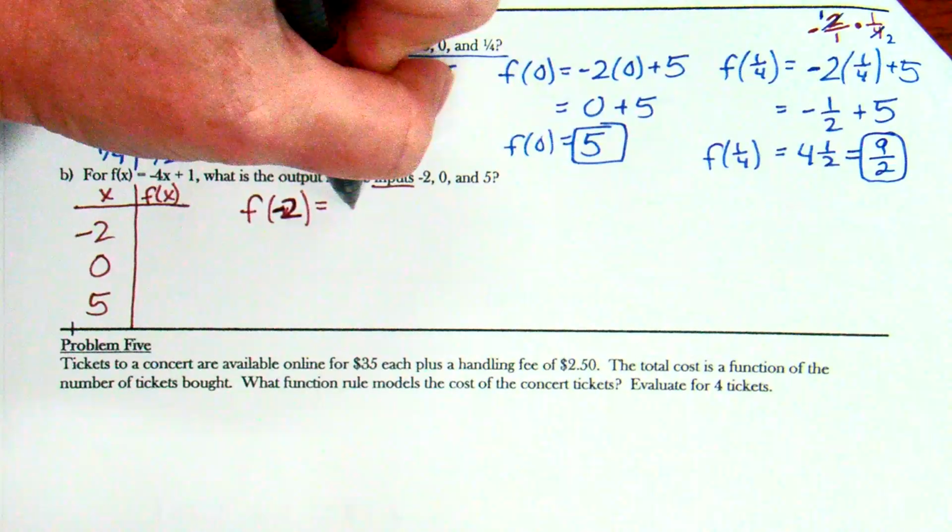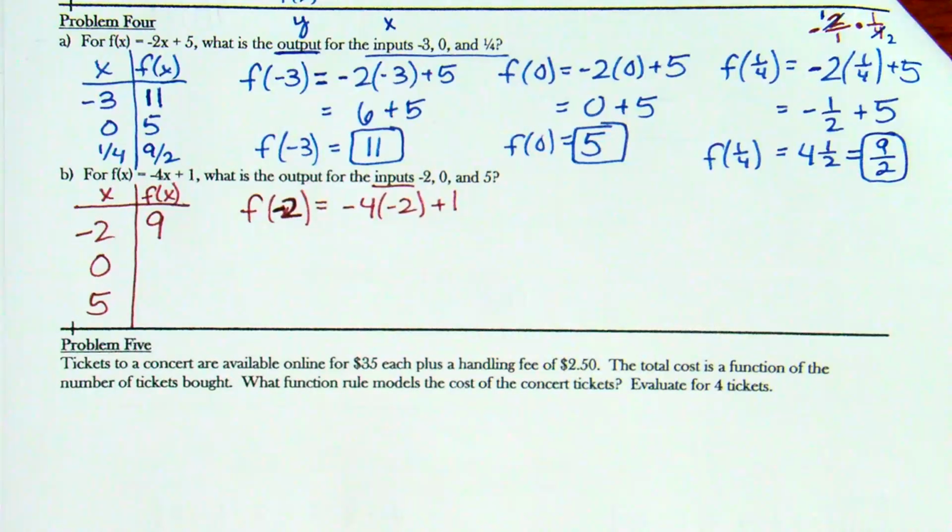So the first one we're finding is f of negative 2. Every place you see an x, replace it with negative 2. Negative 4 times negative 2? Plus 1? 9. Okay, put in 0. Negative 4 times 0. 0. Plus 1? 1.